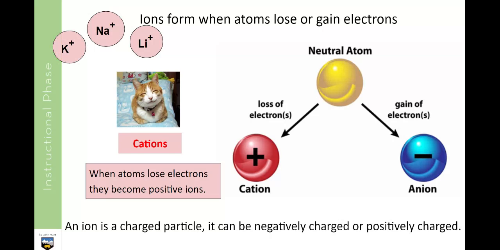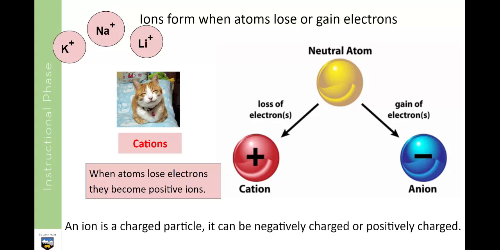Potassium, K plus. All three of these are in group 1 on the periodic table. Remember, they lose electrons to gain a full outer shell. If they're in group 1, they have 1 electron on their outside shell that they give away. That's why anything in group 1 becomes positive. And group 1s are metals, so we've got these positive metal ions.